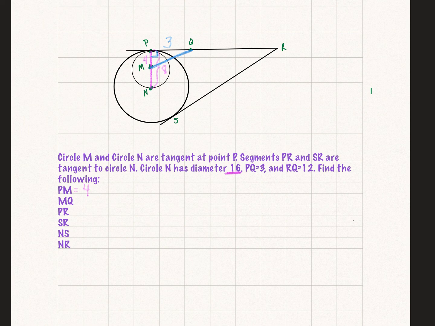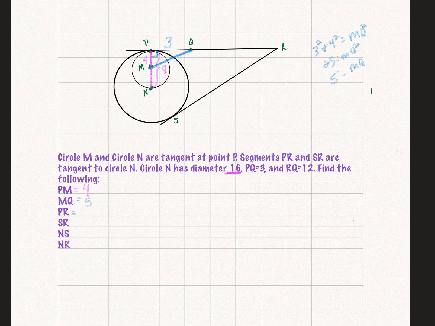So I have a right triangle. I can use Pythagorean relations. I can say that's 3 squared plus 4 squared equals MQ squared. So that's going to be 25 equals MQ squared. So MQ equals 5. So there we have 5.